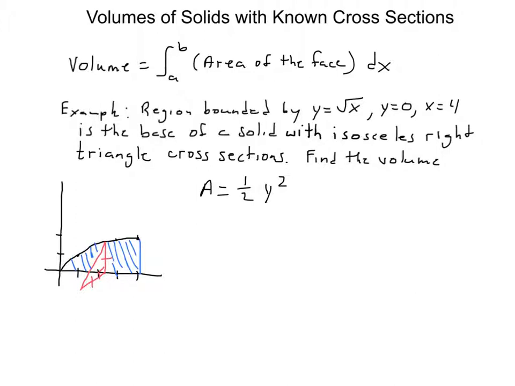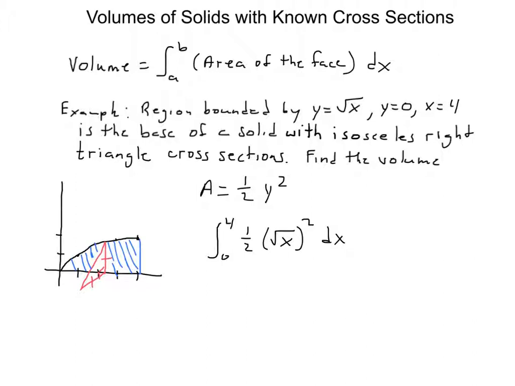I'll use y because the base of my solid is lying here, so the length of the side is just the y coordinate of those points. And I know in this case y equals the square root of x. So when I set this up, this is going to be the integral from x going from 0 to 4 of 1/2 of the square root of x, which is y, that thing squared, dx.